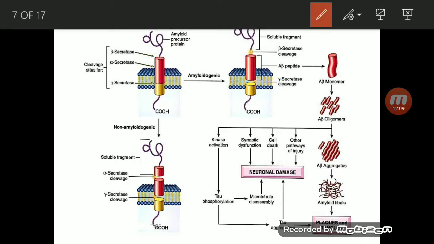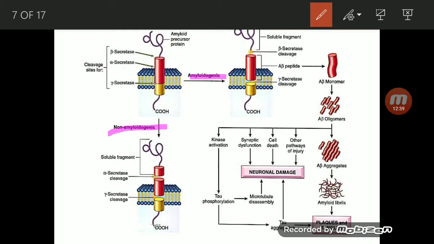So this is your APP. I said APP is present on your neuronal membrane. Now its function is to help in your repair and growth of your neurons. So after it has been utilized, it has to be cleaved off. So after cleavage, you can get these two pathways. One is non-amyloidogenic pathway and second one is amyloidogenic pathway.